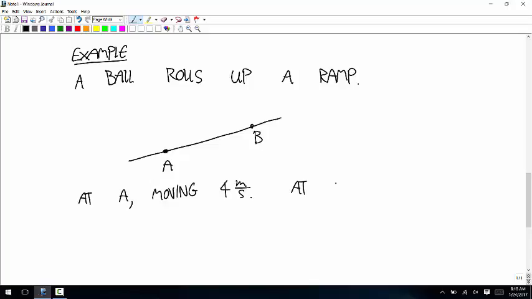At point B, it's moving 2 meters per second.